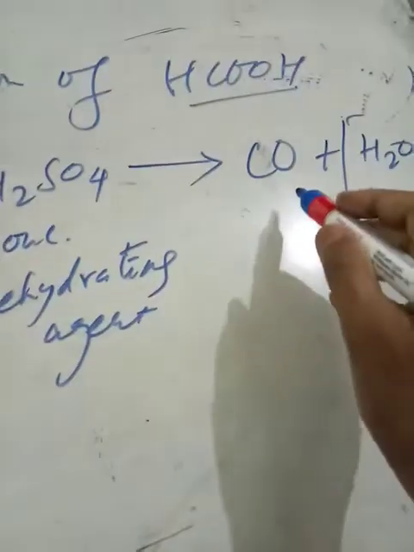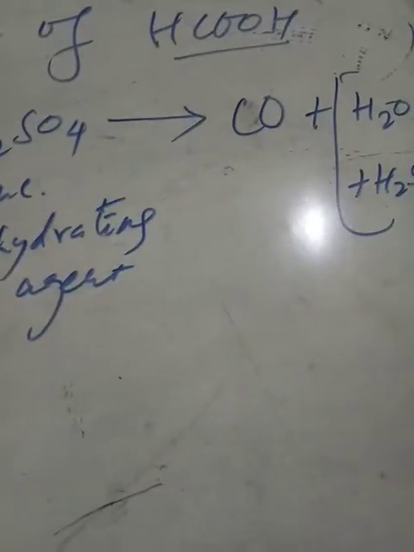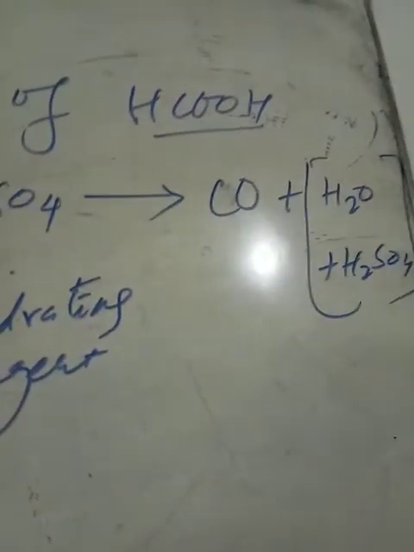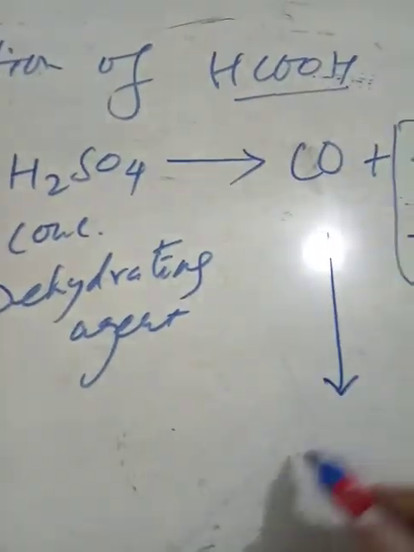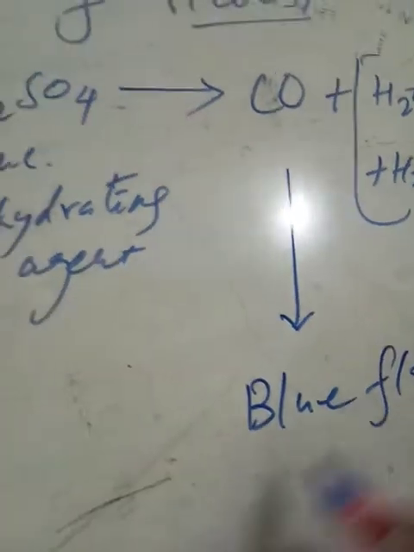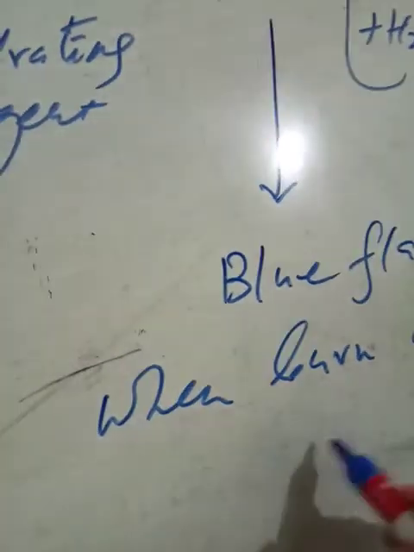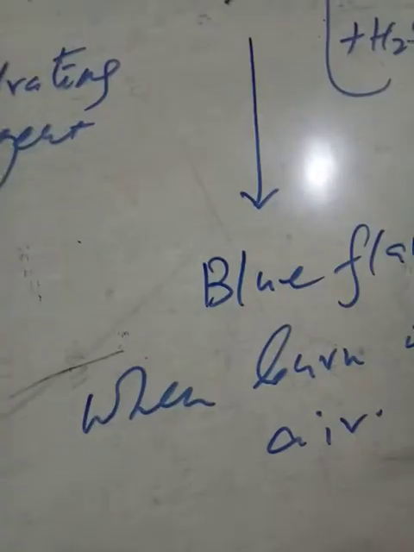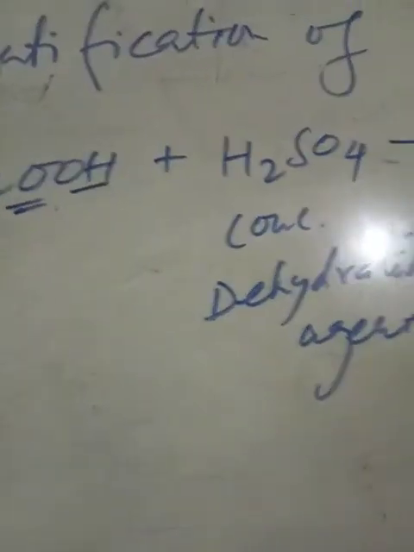So when H and OH leave as water, you are getting carbon monoxide. This carbon monoxide gas is colorless, but when burned in air, it forms a blue flame. So observing the blue flame of the gas, you can identify that the acid taken is formic acid.